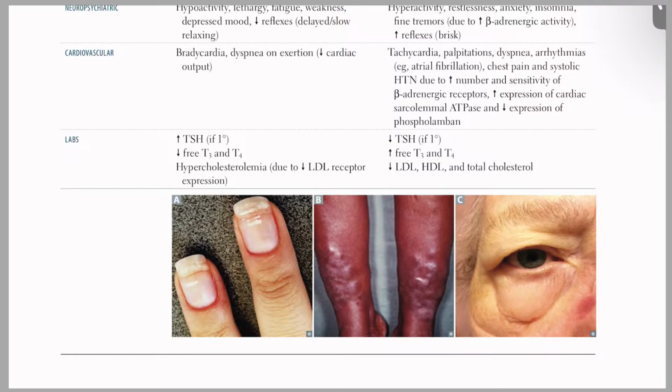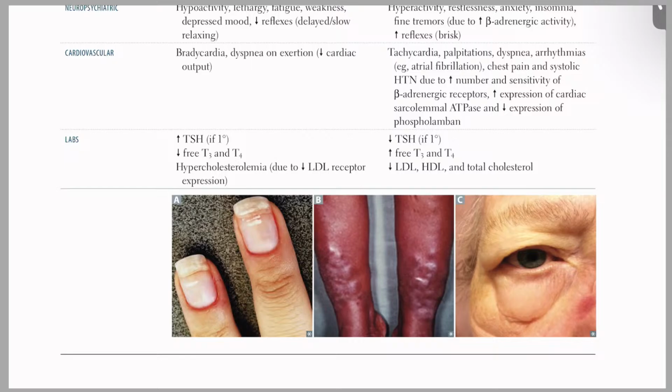In hyper, tachycardia, palpitations, dyspnea, arrhythmias, that is atrial fibrillation, chest pain, systolic hypertension due to increased number and sensitivity of beta adrenergic receptors, increased expression of cardiac sarcolemmal ATPase, and decreased expression of phospholamban.